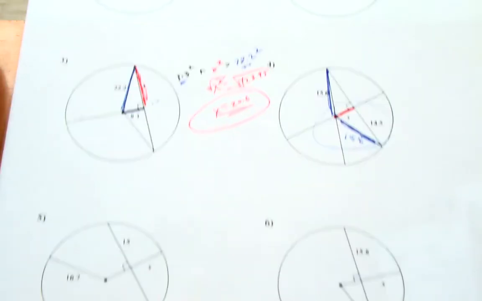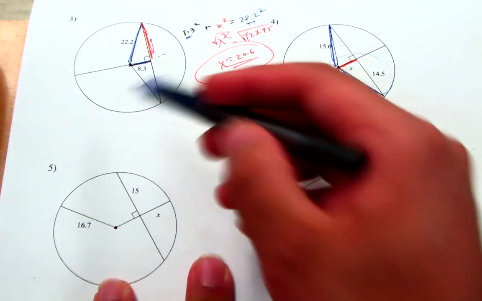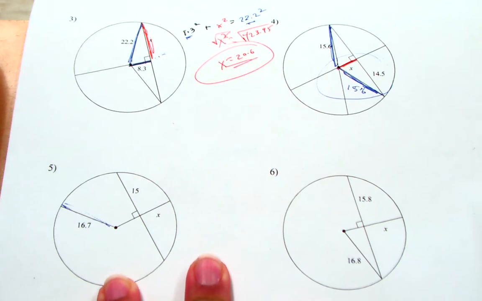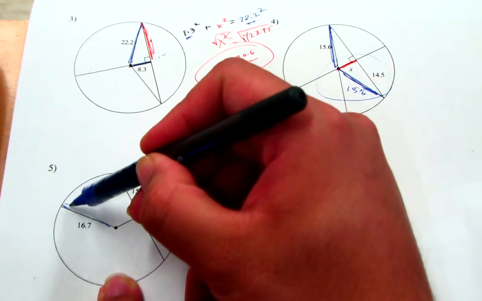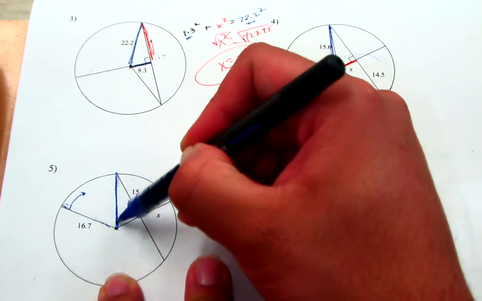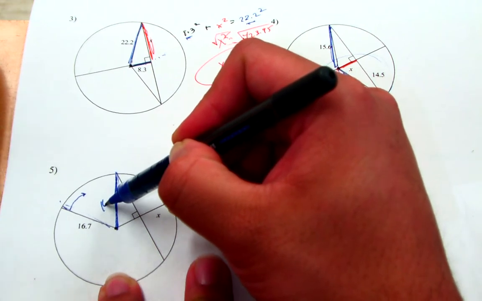For the last two in our set here, we're asked to find parts of radii. That requires a little more nuance once again. Let's take a look at this first one. This radius length of 16.7 is not very useful where it is. So I'm actually going to basically rotate it along the circle until it becomes this length here. So these are both radii, center to edges. So this would also be 16.7.